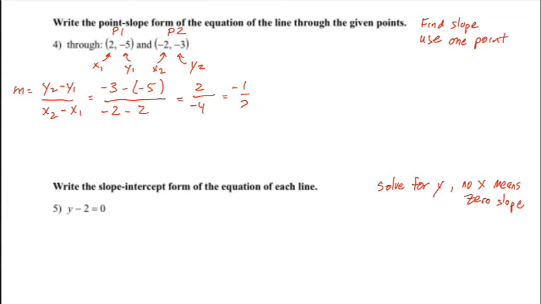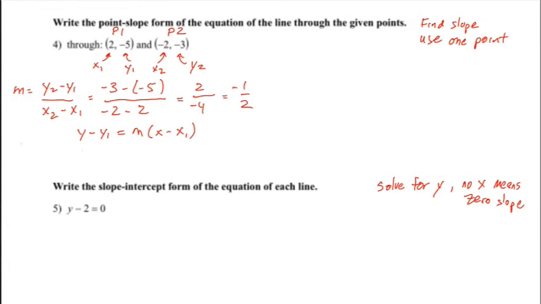So we have our slope, and each of these points can be used. Either one can be used to finish off the equation. In fact, we'll go with both. Let's try the point P1 first. So if we rewrite our general equation, we're just going to substitute values in there.